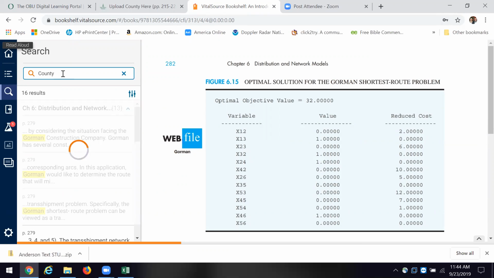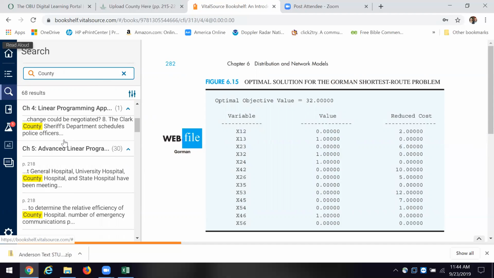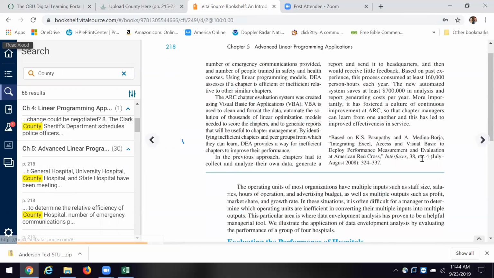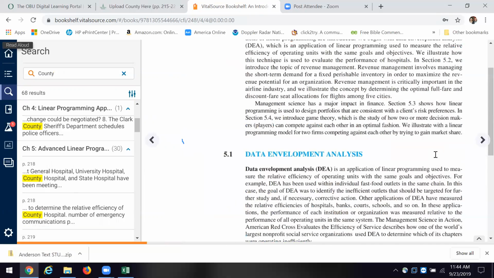DEA, data envelopment analysis. They give us some introduction to that technique.